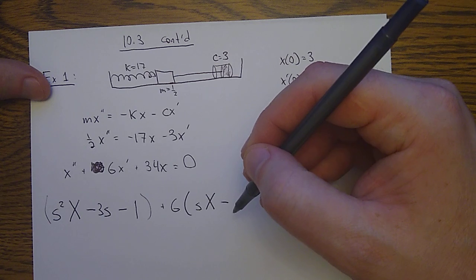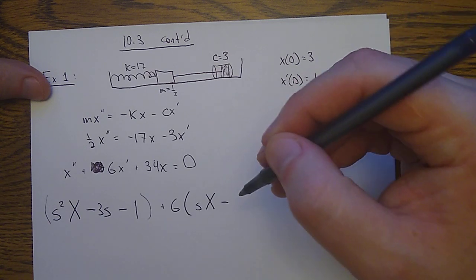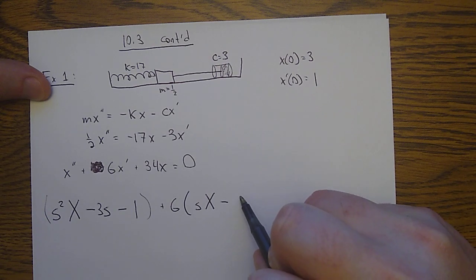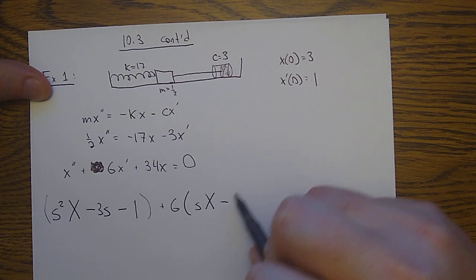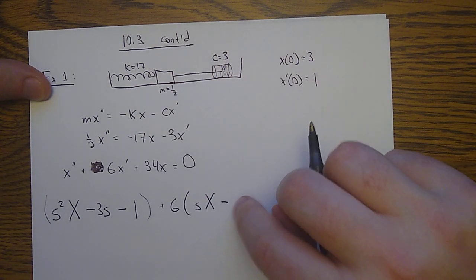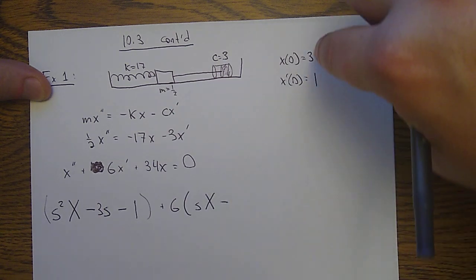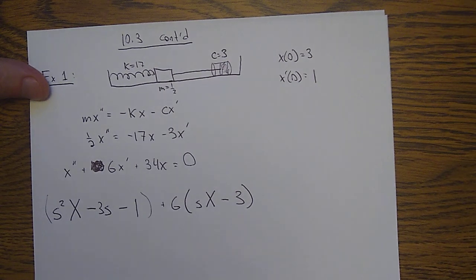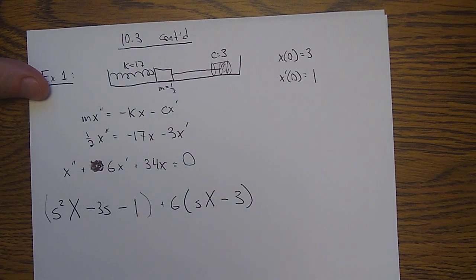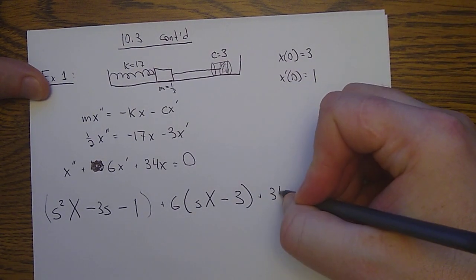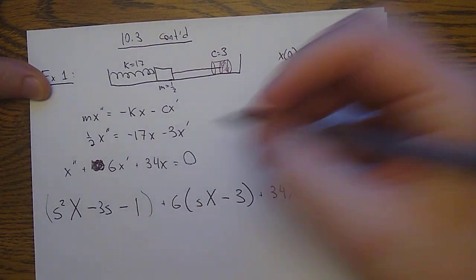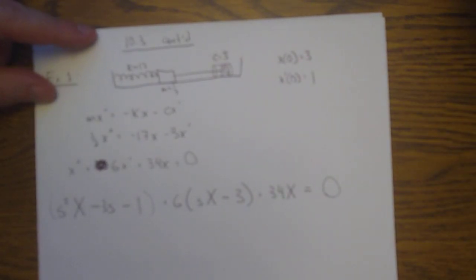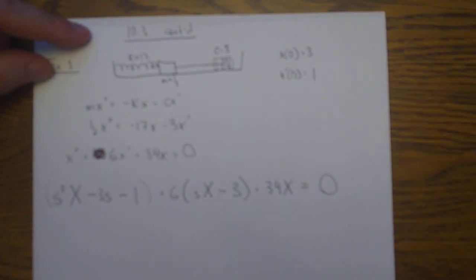It's just going to be shorter because it was just x prime instead of x double prime. I would subtract. The next power of s down is s to the 0, so there's not going to be any s's, and I start here, so 3. Plus 34 Laplace transform of x, and then Laplace transform of 0 is 0.